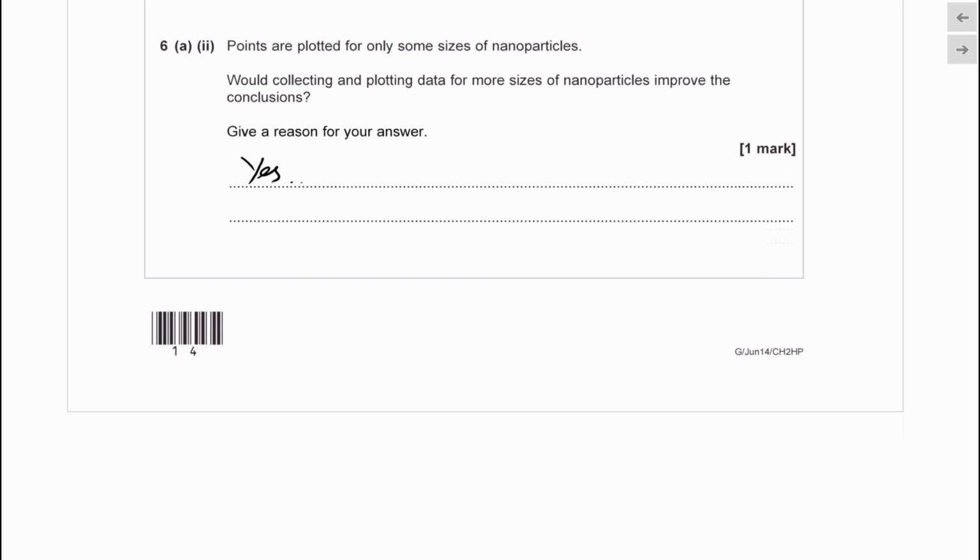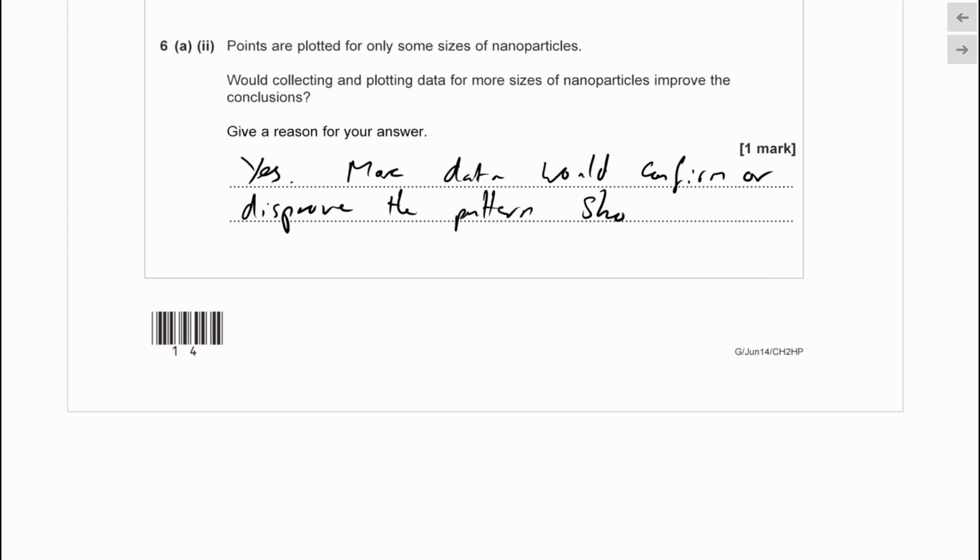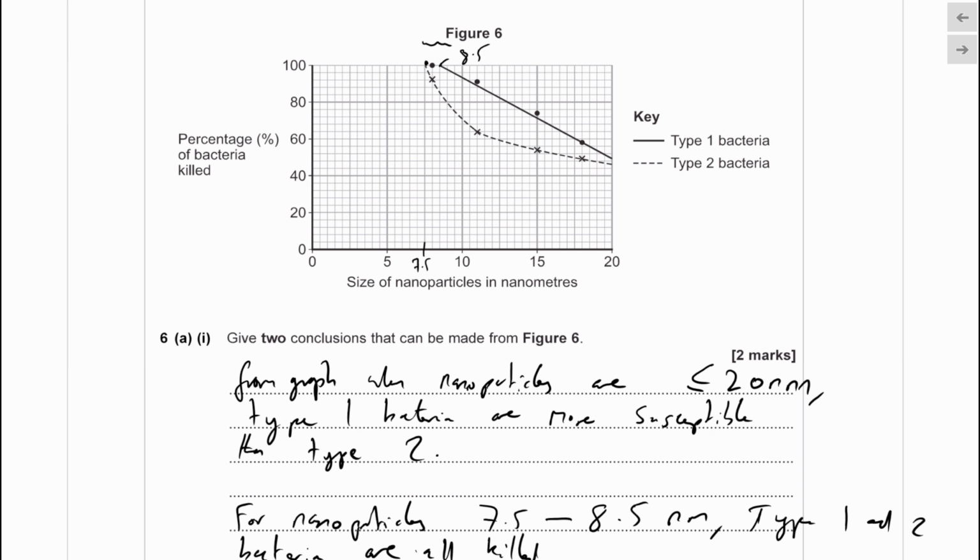So yes, more data would confirm or disprove the pattern shown. Let's say if we collected more data points, I'm going to put the crosses, and they looked something like this. This would be very good, but if they look something like this, we'd say that yes, they pretty much fit the trend, and so we are correct.